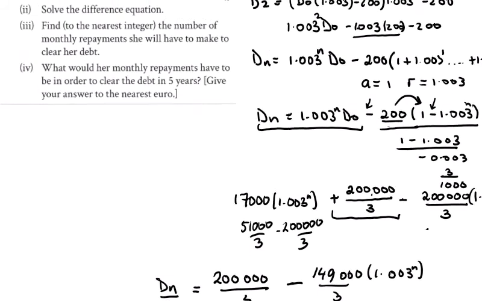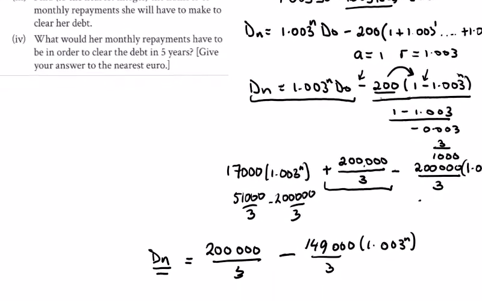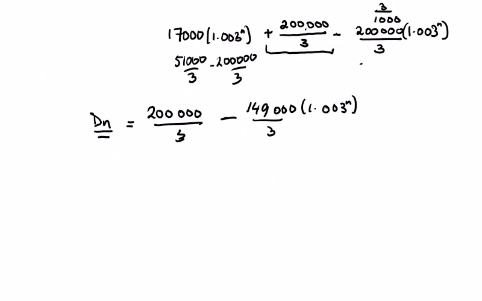The first is find the number of monthly repayments, so find n to clear the debt. So the amount owed will be 0, equal to 200,000 over 3 minus 149,000 over 3 times 1.003 to the power of n.